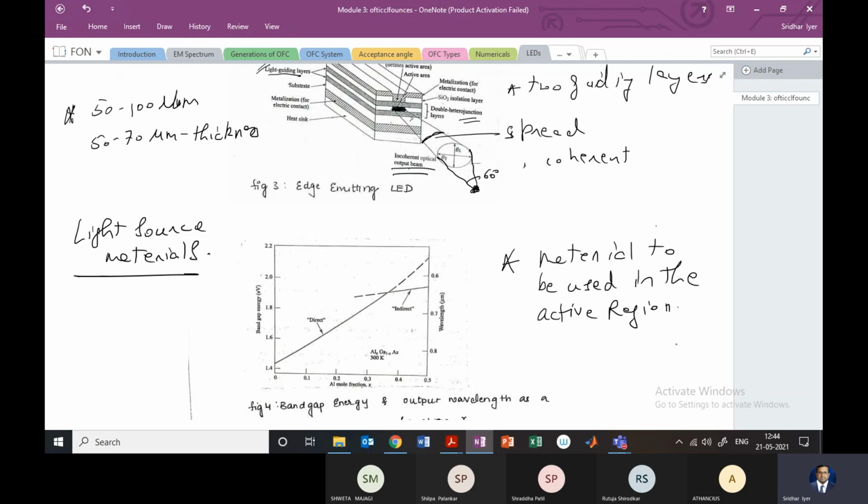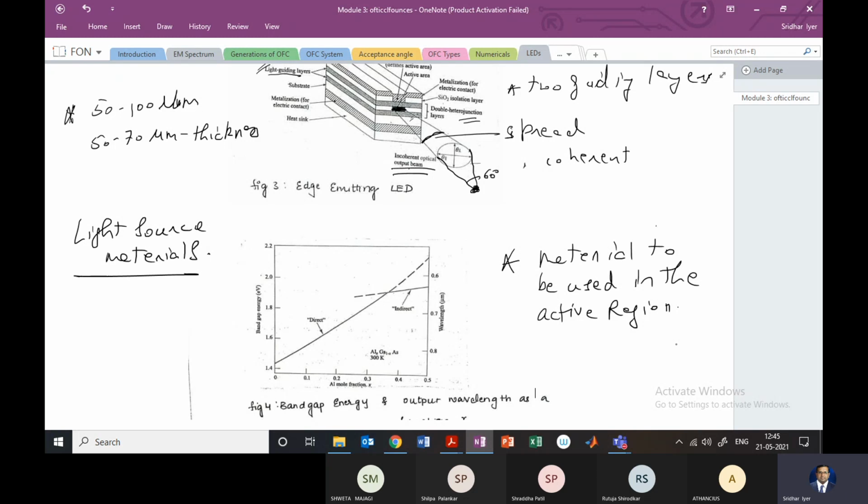And with these kinds of materials, the carrier confinement is high, and therefore the emission generated is also very high, at the adequate level we require. Right? So in general, a single semiconductor element cannot just be a direct band gap material.